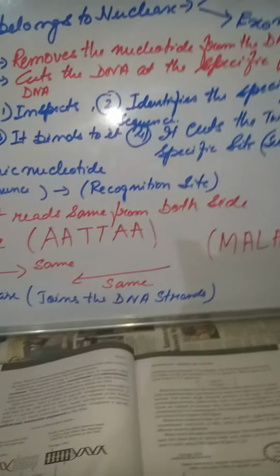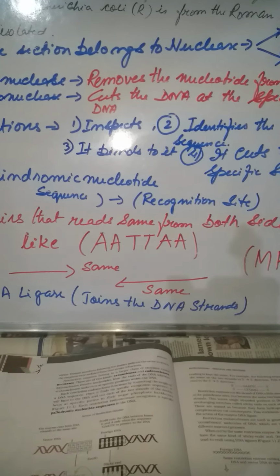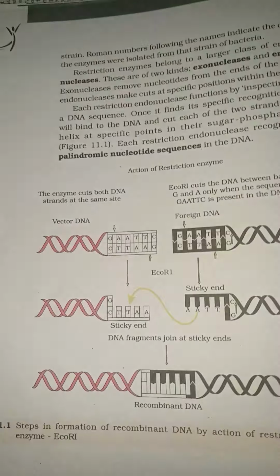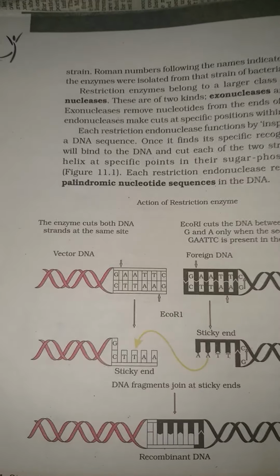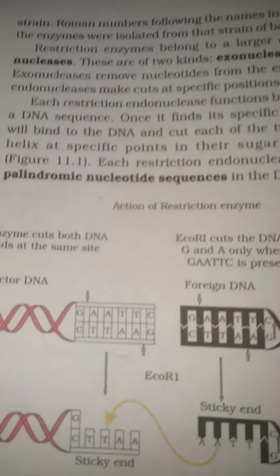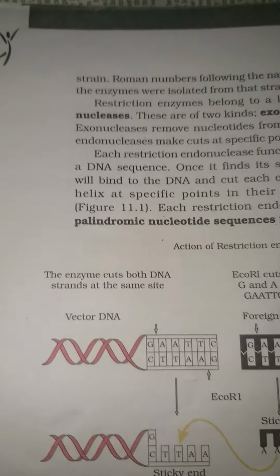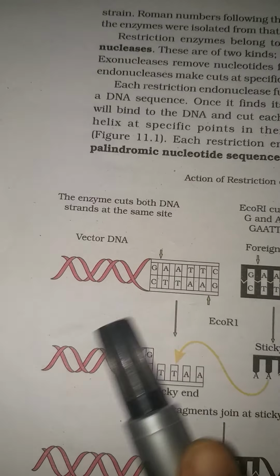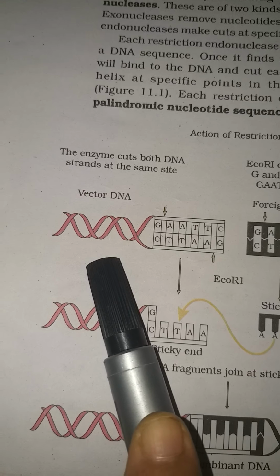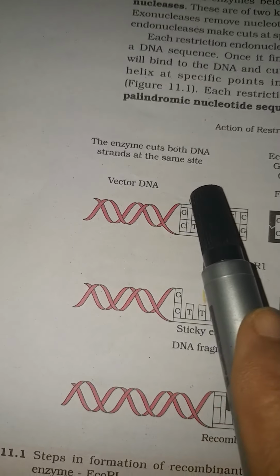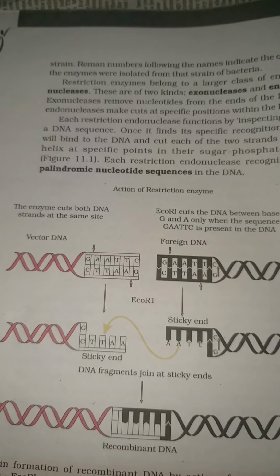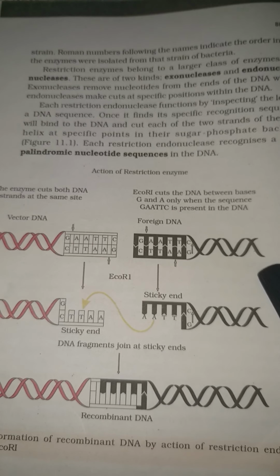Another enzyme that we come across is DNA ligase. If you see clearly in this figure, the red one comes from the vector DNA. The enzyme cuts the DNA, you have the vector DNA, and here this is the DNA of the E. coli bacteria.